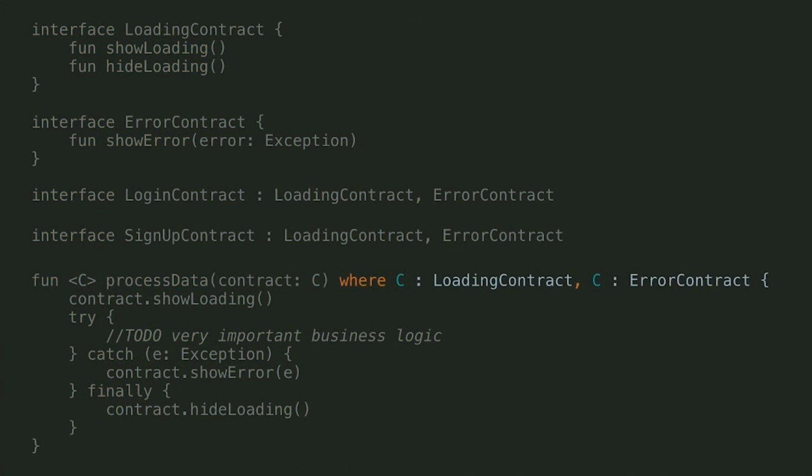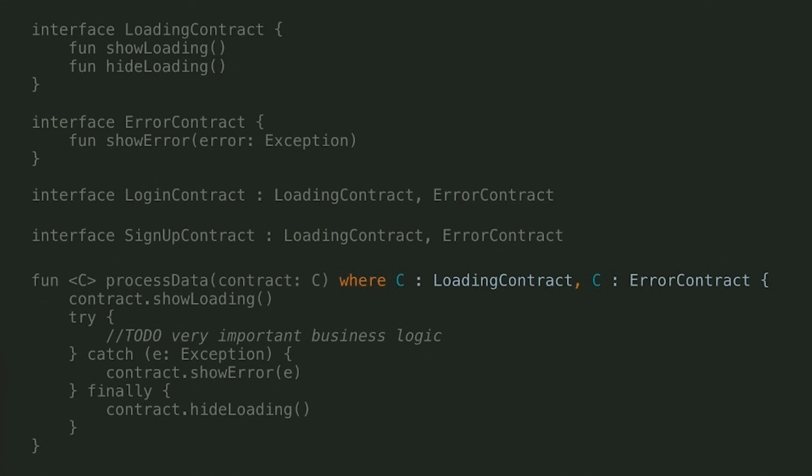There is a nice where clause that we can add at the end of our method where we can define every single bound that a generic can have. In this case, we are saying that our C should be both a loading and an error contract. This means that we can pass to the process data method both a login contract and a sign-up contract because they both satisfy the requirement of containing a loading contract and an error contract.